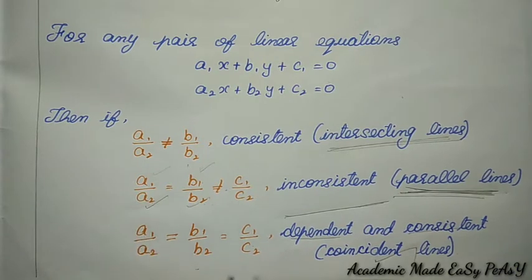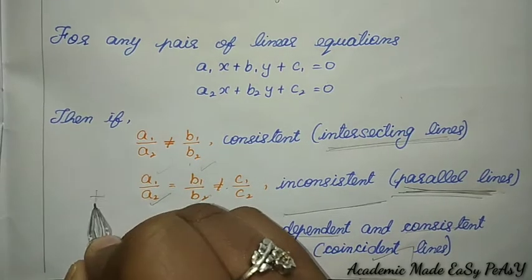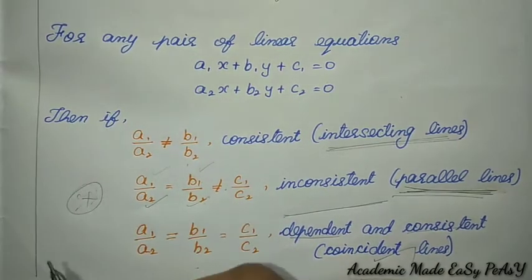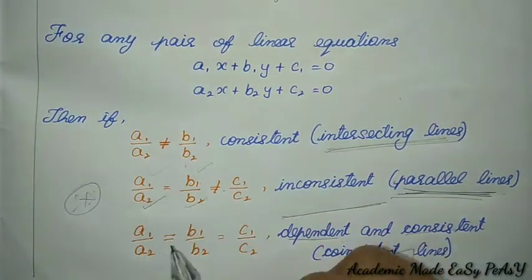So for every graph, we will be using this, and for finding whether it is consistent or inconsistent, we can find through these ratios. These ratios are important to know. First, we will be checking a1 by a2 and b1 by b2.